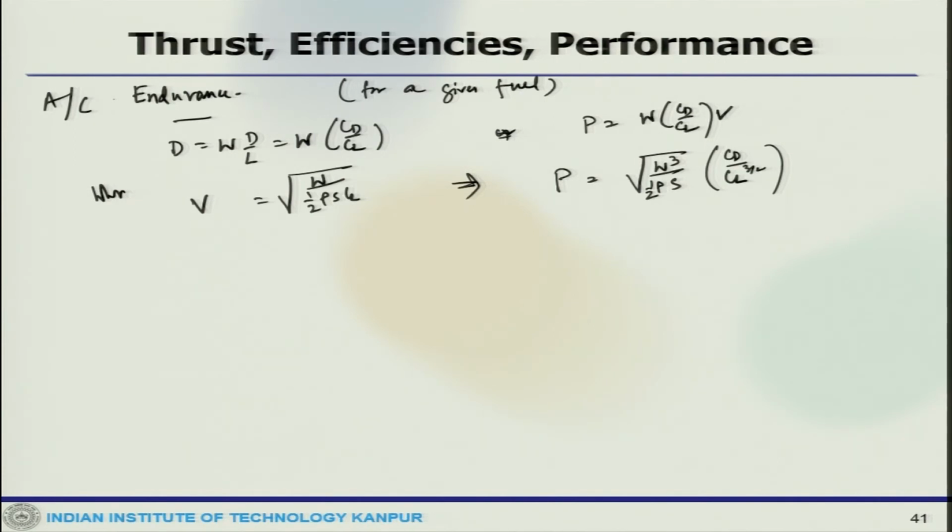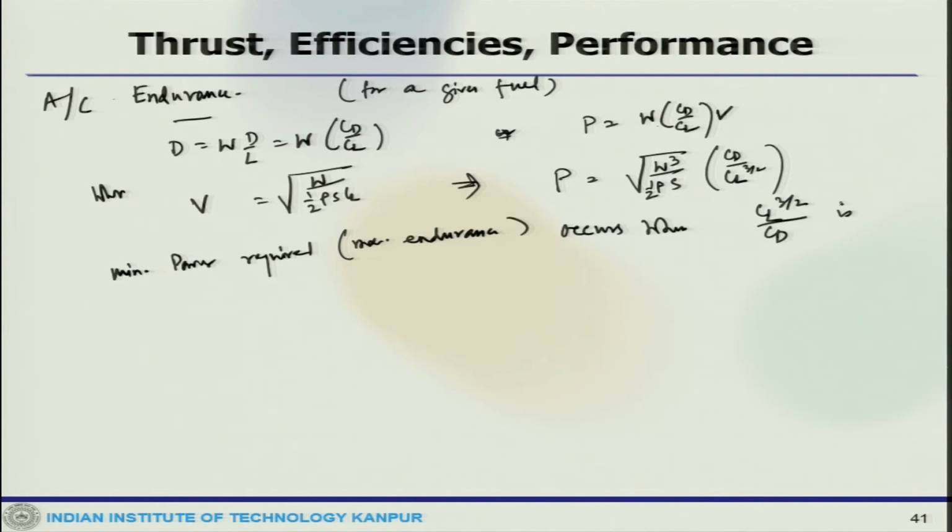So here we have half rho S C_L, and C_D by C_L to the power 3 by 2. So the minimum power required, or maximum endurance, occurs when C_L to the power 3 by 2 by C_D is a maximum.